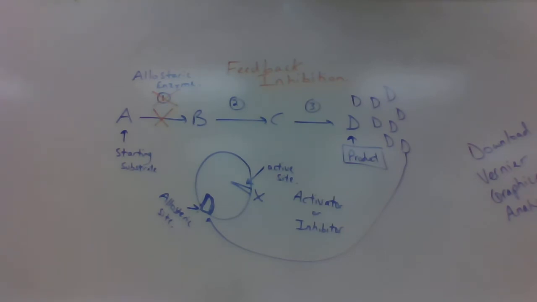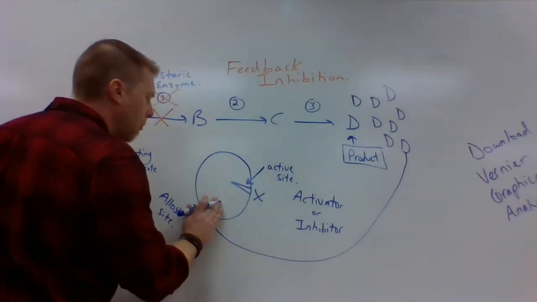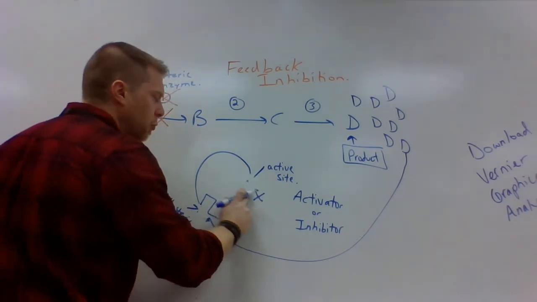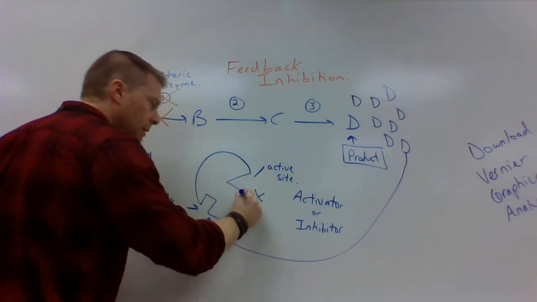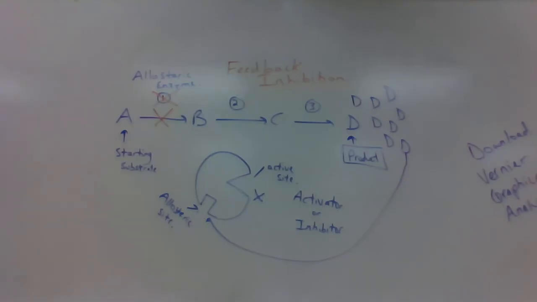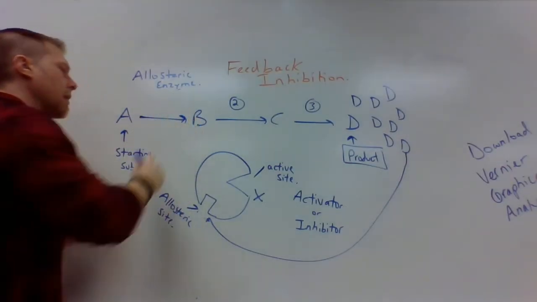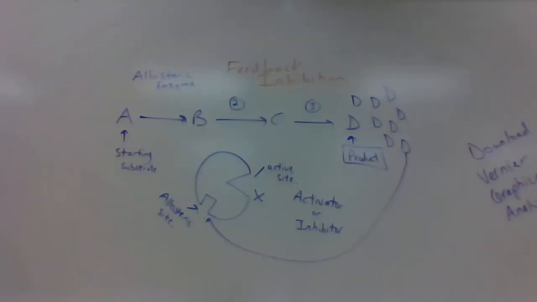When will this metabolic pathway turn back on? When there's no more D. Because when you have no more D, that means you have no more what? You have no more inhibitor. Good. So once you run out of inhibitor, then the enzyme goes back into its active form, and this pathway turns back on, and you can continue to produce more D. Now, what do you think?